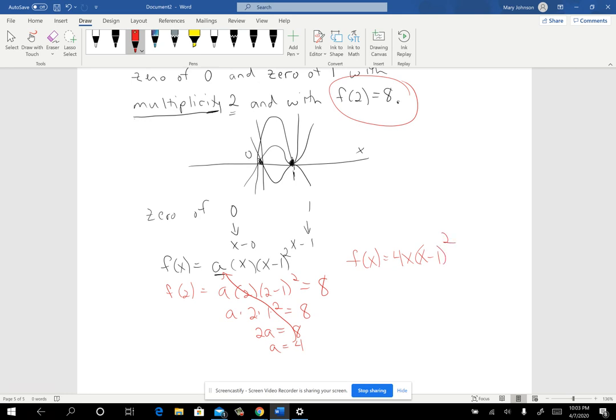And then if they wanted it multiplied out, you would just be sure to write that twice. So this right here is normally okay. I prefer it. So if I could control it, I would do that all the time. And then if you need it multiplied out, I recommend you FOIL that first.